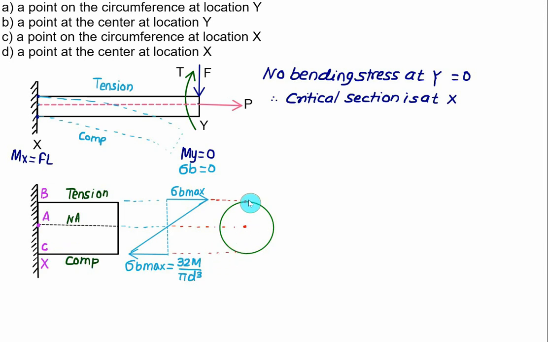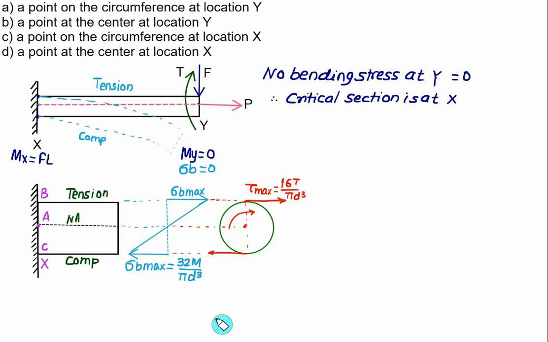This is the maximum value, tau max, and this tau max is equal to 16 times T by pi d cube. I assume here the torque is acting in the same direction, and therefore the shear stress at C is acting in the opposite direction. But as far as the shear stress is concerned, it will be 0 at point A.